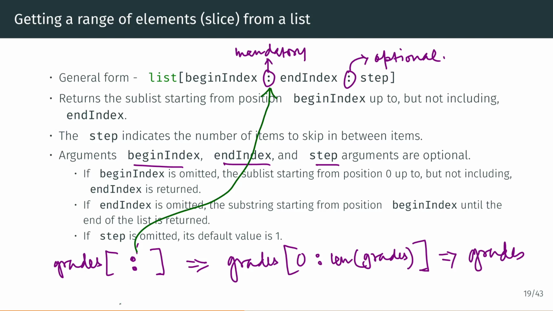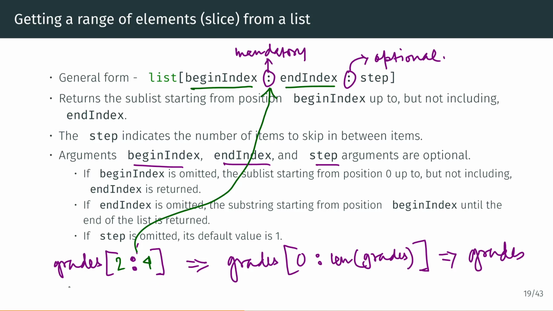Now why is this piece of information necessary? Because when you have two numbers separated by a colon, Python will always assume that you're talking about a begin index and an end index, okay. If you have a single colon separating two numbers, let's say 2 and 4, Python will assume that 2 is the begin index and 4 is the end index.